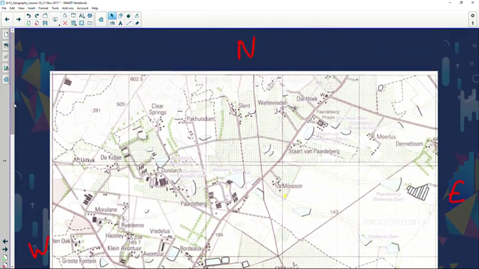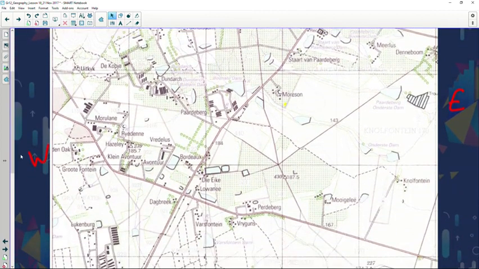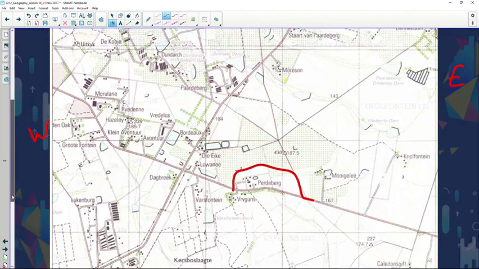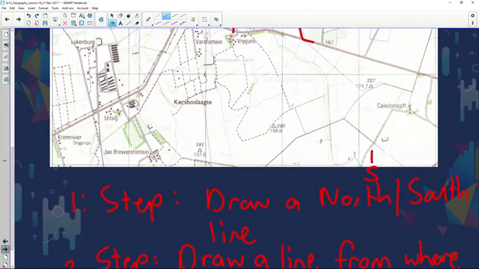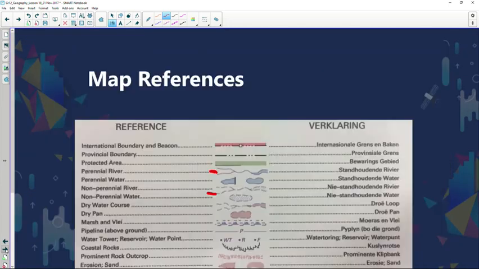Please pay attention, this is an insert from the Paarl map to identify certain places. As you can see on the Paarl map, there are quite many commercial farms. And how do I know it's commercial farms? Because you use the references on the bottom of your map that's been shown over here.